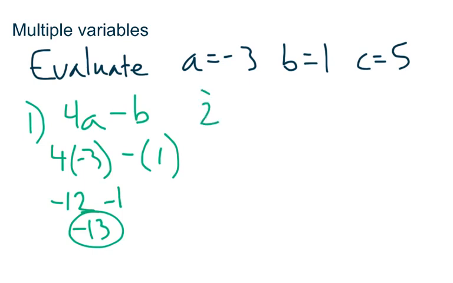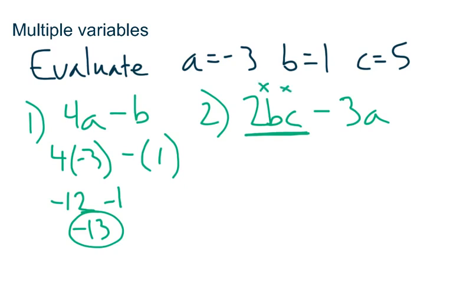Let's go with another example. This time, let's go with 2bc minus 3a. And so this is where it can get a little bit confusing. We have all these things kind of jammed together here. Well, we have to understand that this is a big multiplication problem. This is saying 2 times b times c. So that's why I'm writing those little x's up there. That's multiplication.